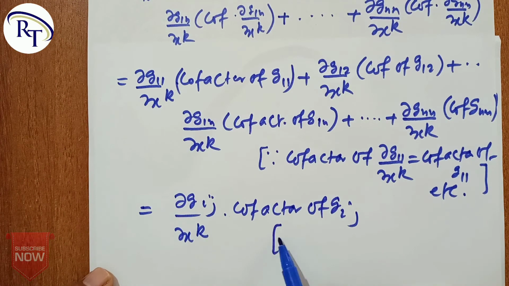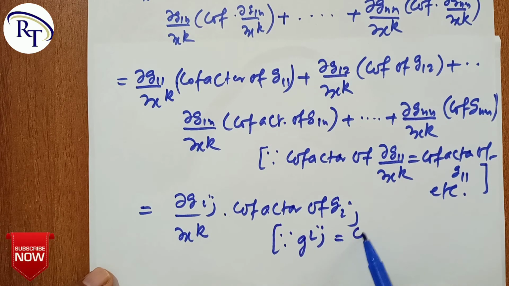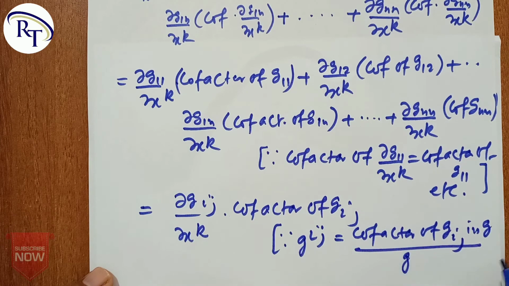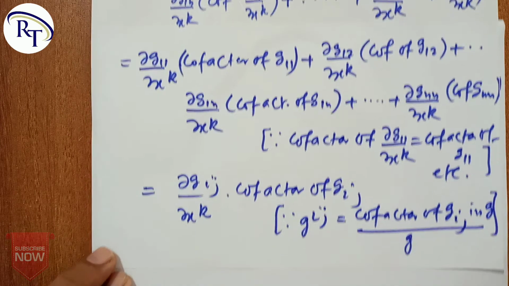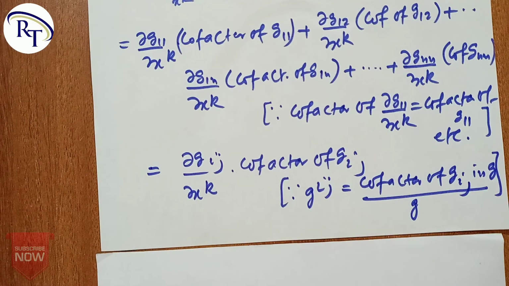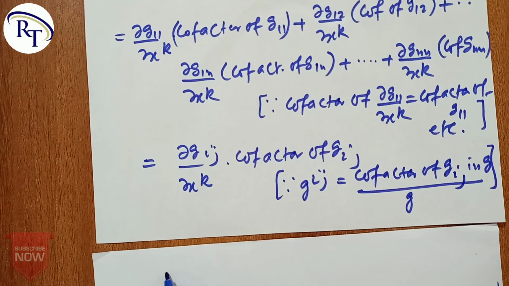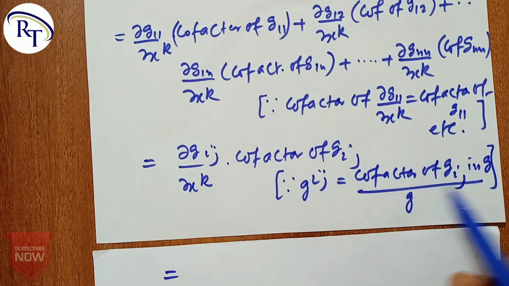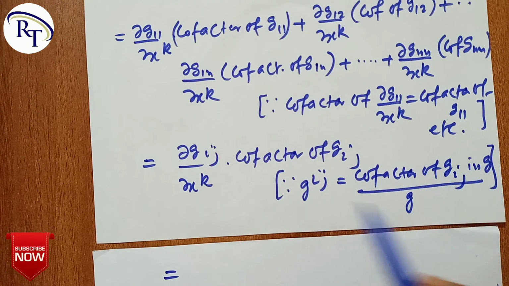Also we have g^ij equal to the cofactor of Gij in G upon the determinant of G, meaning simply G. So the cofactor of Gij in G is equal to G into g^ij.